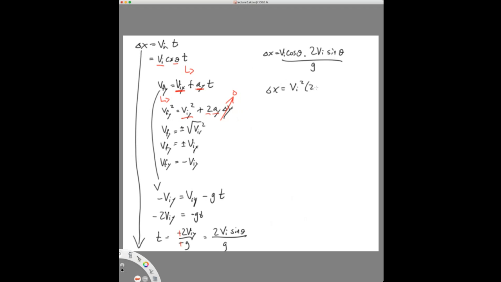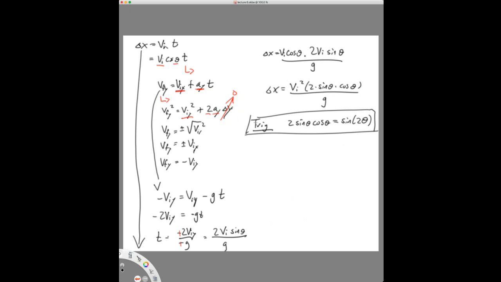And what's left is a 2 times a sine of theta times a cosine of theta. And I reordered them in this way because there's a trig identity that says 2 sine of theta cosine of theta equals the sine of 2 times theta.